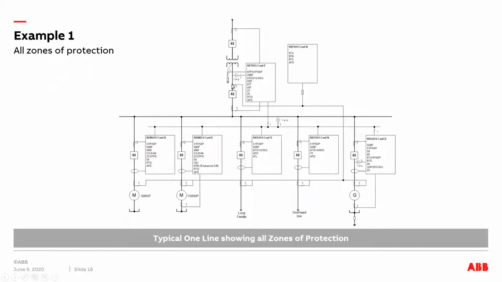So as you can see here, a dedicated set of CTs are used to develop this scheme. The CTs are summated from the main and outgoing feeders, and then it is connected to the bus bar differential protection relay. In this case, it is RDF 615 configuration N.